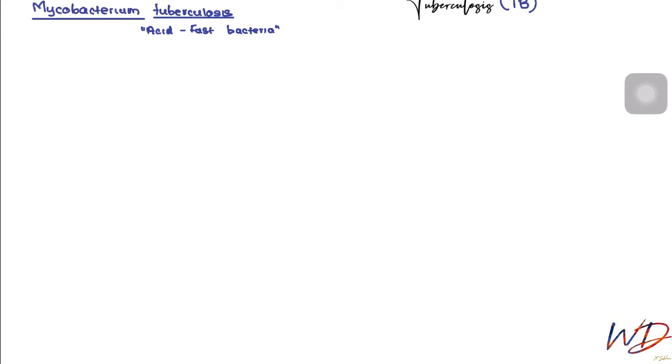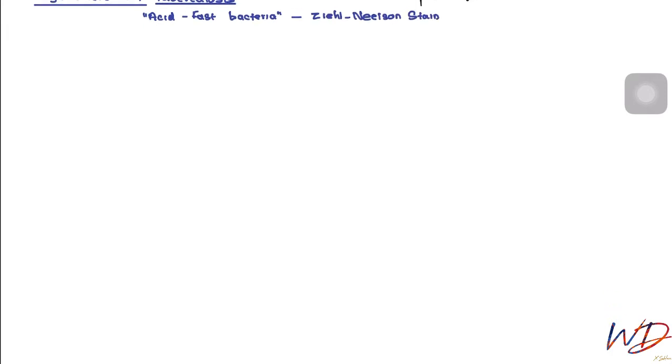Instead, we use a different stain called the Ziehl-Neelsen stain. This is the type of stain we use to stain tuberculosis bacteria.